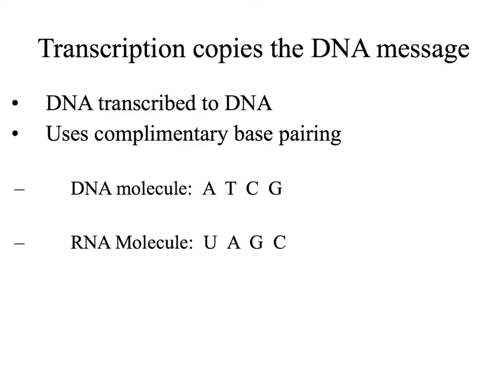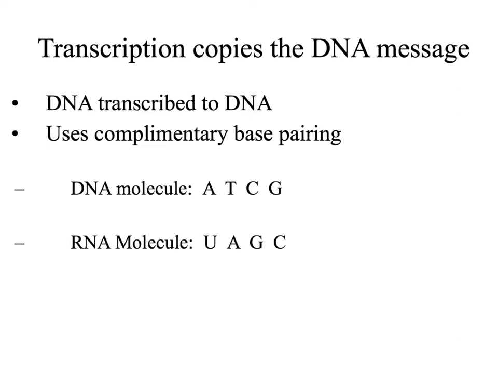During transcription, copies of the DNA message will be made. However, that message will be changed slightly as it is turned into an RNA molecule. We're still going to use complementary base pairing. When we transcribe DNA to RNA, we're going to see slightly different pairs than DNA to DNA.